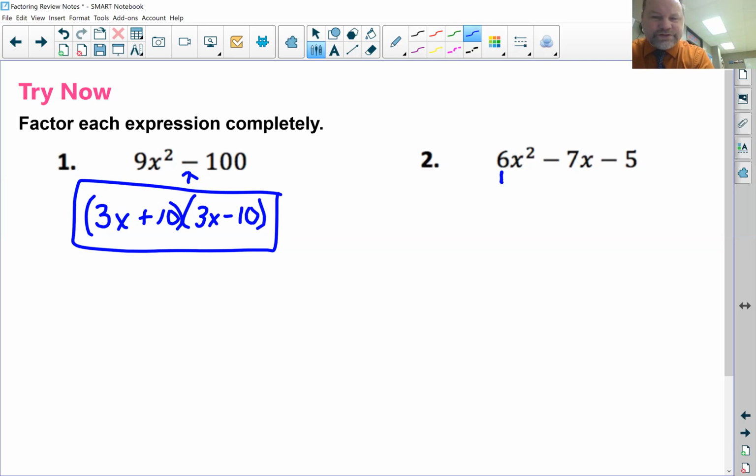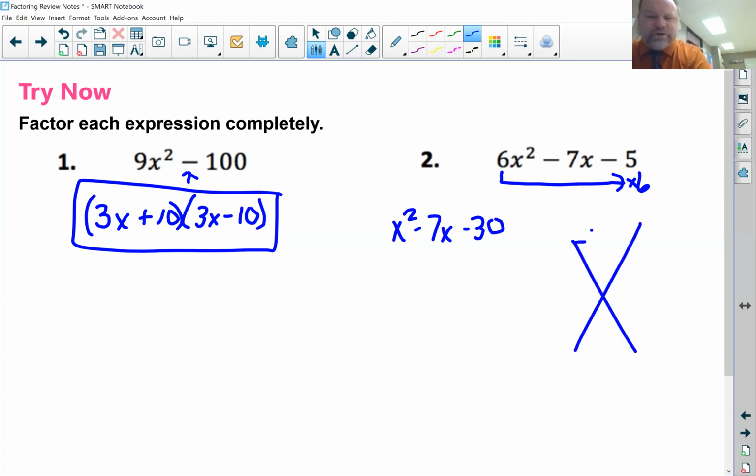So this is going to be a slide method. Two numbers that multiply to negative 30, add to negative 7. So we know we're going to have a positive number and a negative number for our factors, and the negative factor has to be larger.